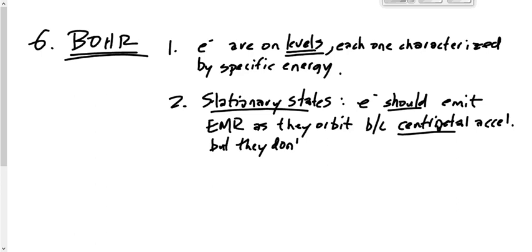So something has to be changed here. There's something not right with this. But Bohr would have called it just basically a stationary state, because it's as if these electrons aren't accelerating. They're not emitting EMR like they should. This is their stationary state.